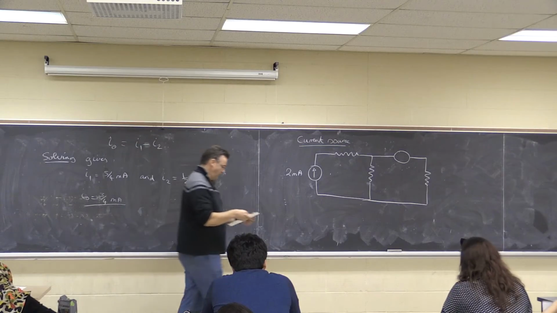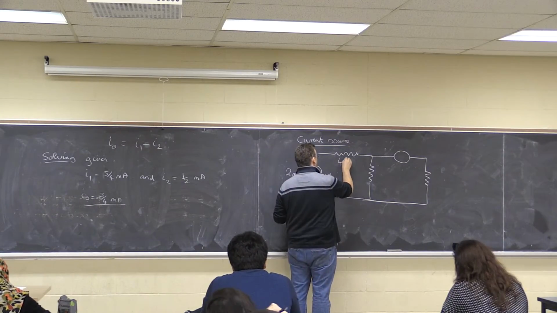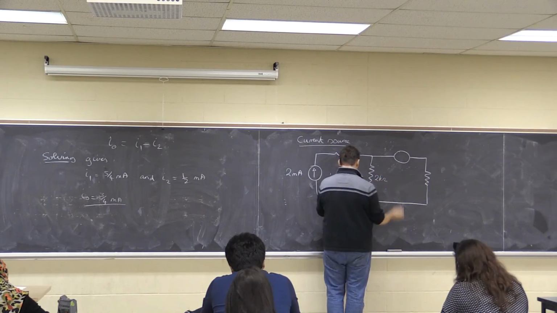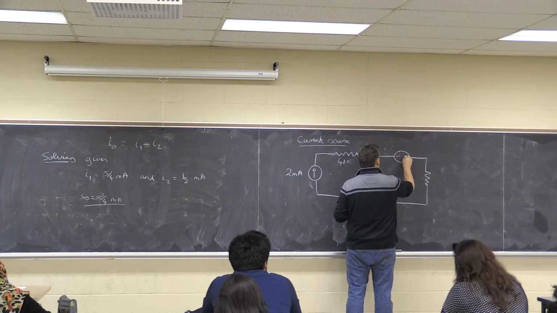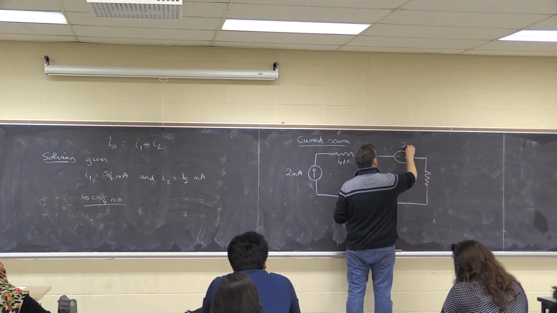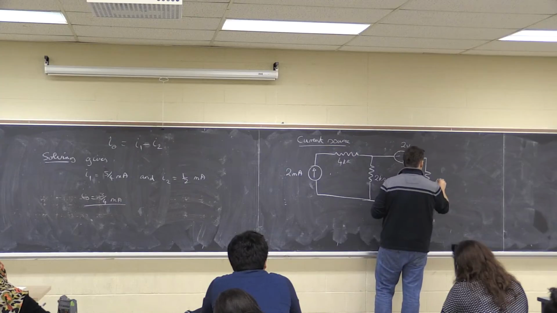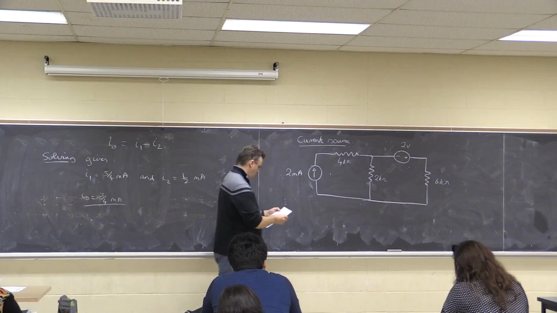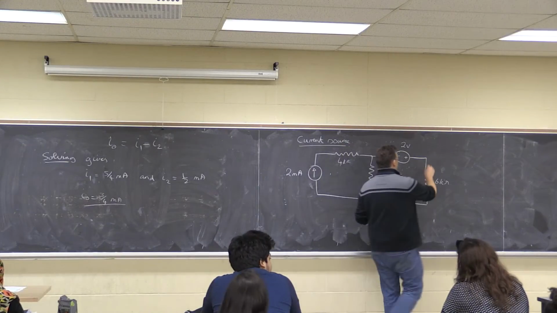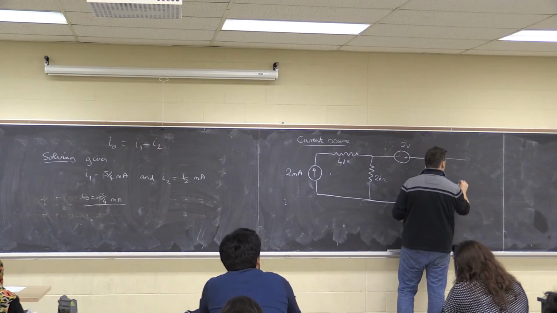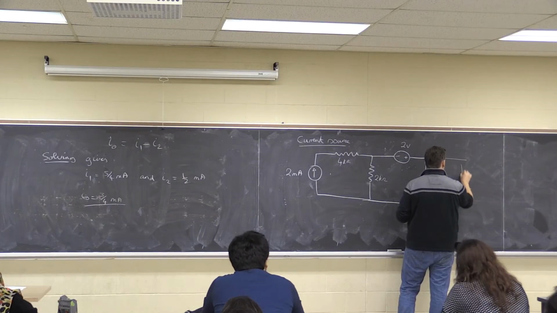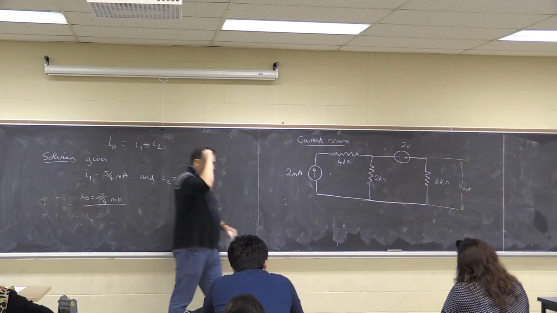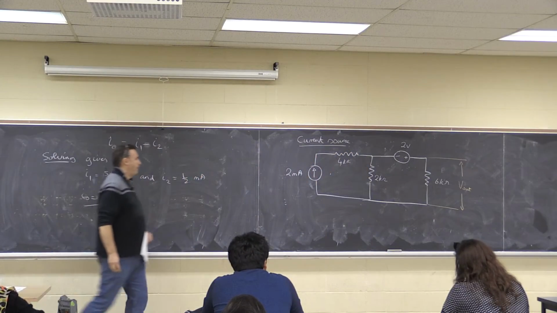And the circuit has got a bunch of resistors in it. Call this 4K ohms. This is 2 kilo ohms. This is minus plus 2 volts. And this is 6 kilo ohms. And the question is asking you two things. Take a voltmeter across that 6 kilo ohm resistor and measure the voltage. What do I get?